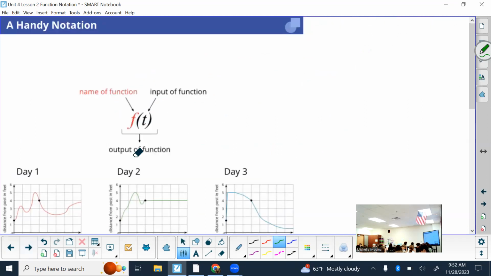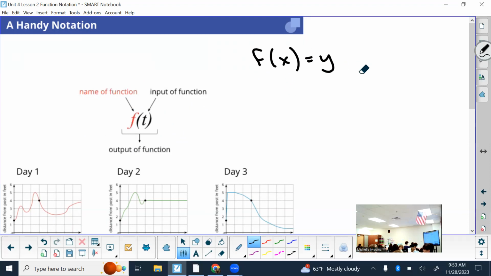Now, to combat that, and that's the whole point of today's lesson, we use something called function notation. You have that on your paper, this image. Feel free to take notes in that area. Here's the main point of the lesson. They use f of t, so they have a t. I prefer f of x, if you want to write that in next to it, equals y.